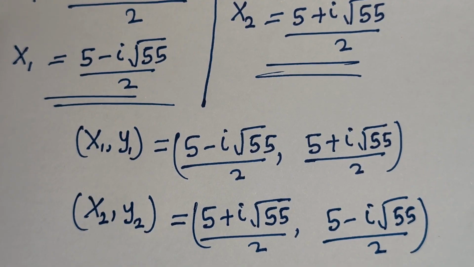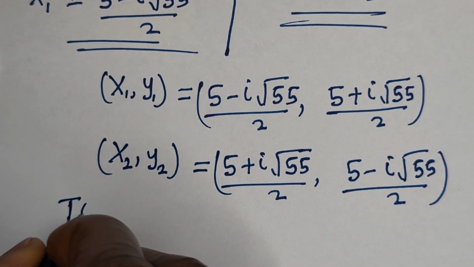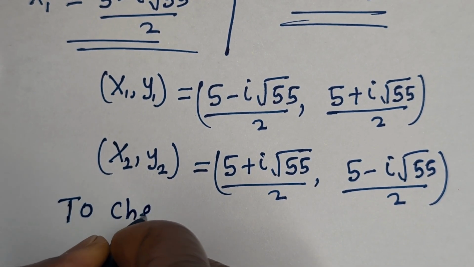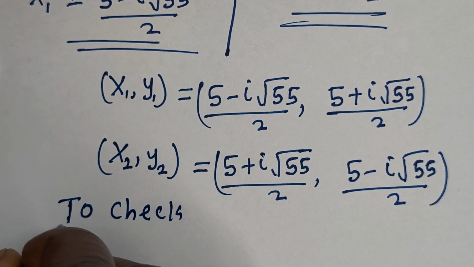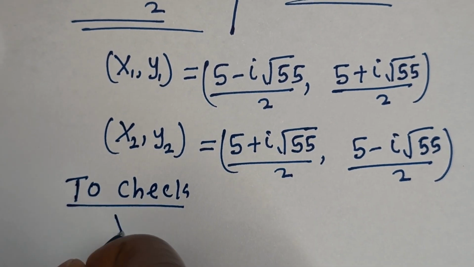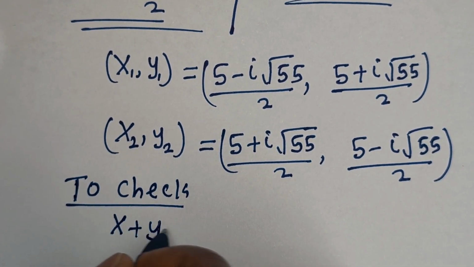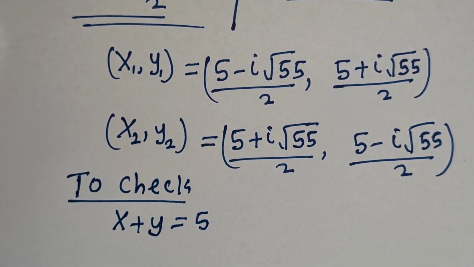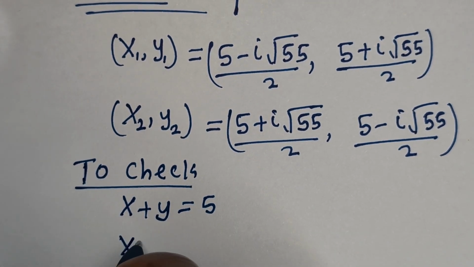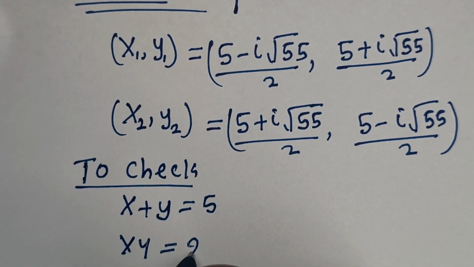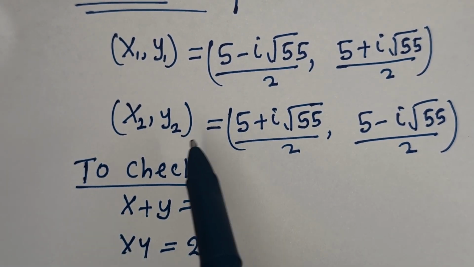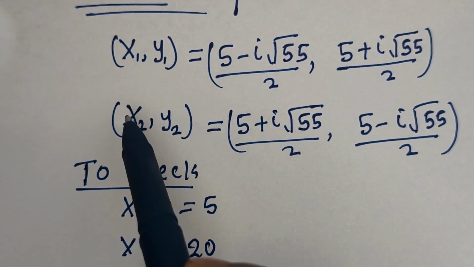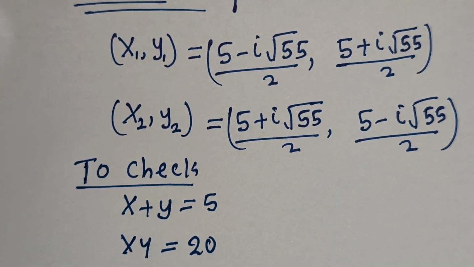Let's check. To check, we have the given equations, x plus y is equal to 5, xy is equal to 20. Let us make use of either x1, y1 or x2, y2.